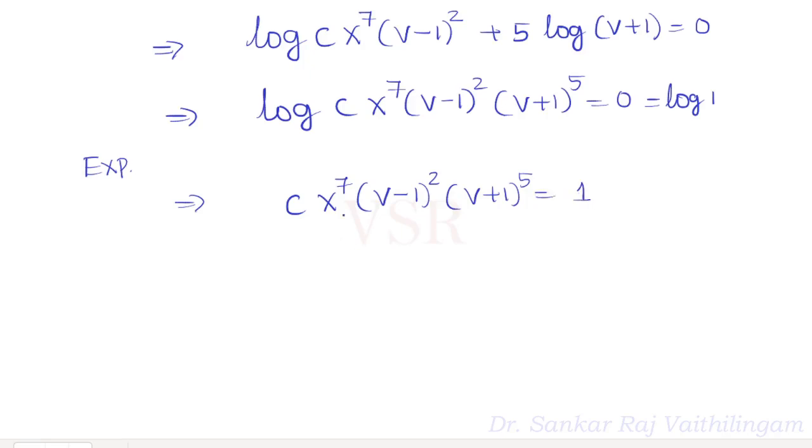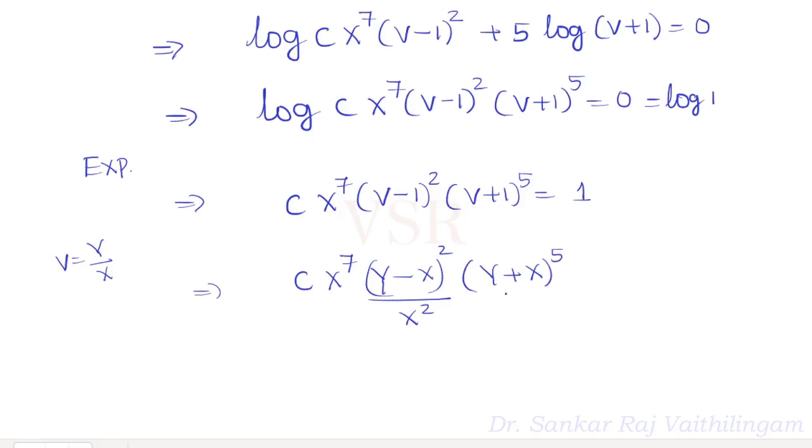Okay, இப்போ v க்கு பதிலா என்ன போடணும், put v is equal to y by x. அப்போ this implies that c x to the power 7 into, இதுக்கு பதிலா y by x போட்டீங்கன்னா y by x minus 1. அப்போ y minus x the whole square divided by x square, into y plus x the whole power 5 divided by x to the power 5 which is equal to 1. இப்போ the x power 7, இங்க ஒரு x square, இங்க ஒரு x power 5. So this will get cancelled.